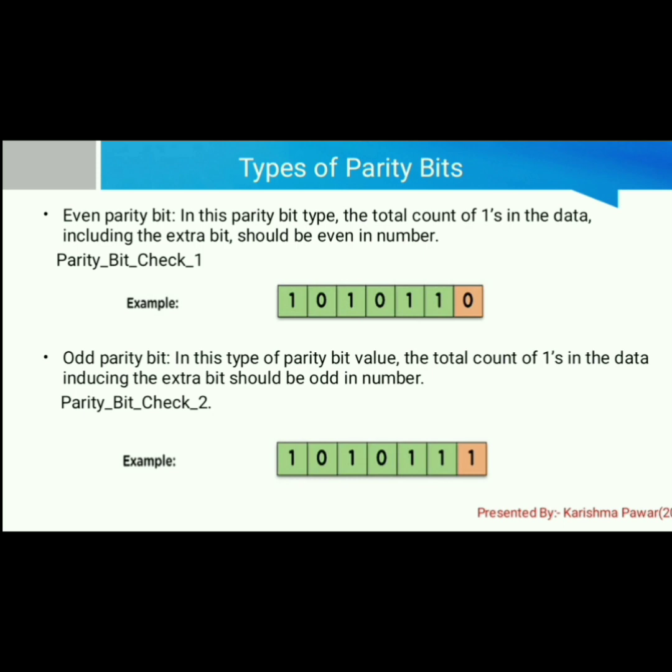First, the even parity bit: the parity bit is set to make the total count of ones, including the parity bit, even. Next is the odd parity bit: the bit is set to make the total count of ones odd.